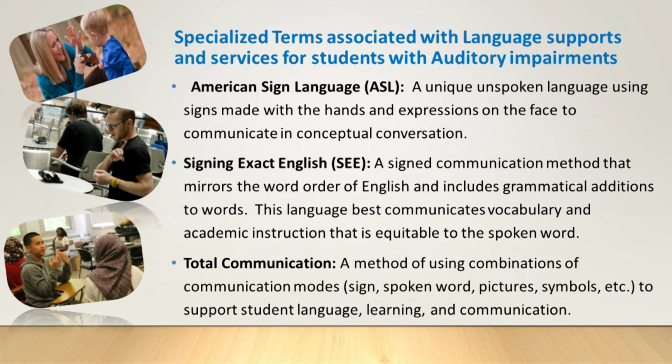This language best communicates vocabulary and academic instruction that is equitable to the spoken word. Total communication encompasses a method of using combinations of communication modes, sign, spoken word, pictures, symbols, and other possibilities, to support student language, learning, and communication.